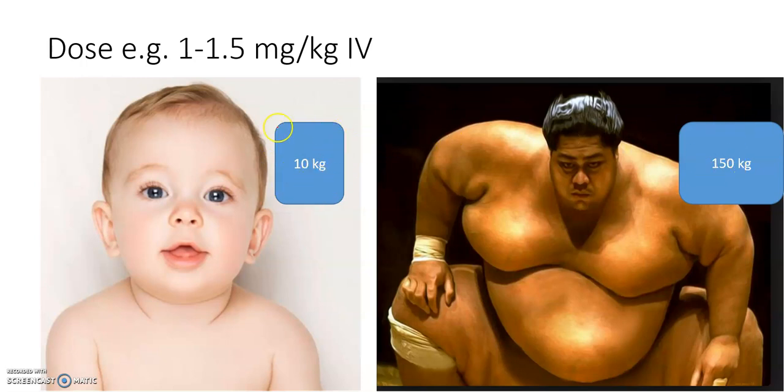So that's just to stimulate your minds. So try to think about how much you need to give if the patient is 150 kilograms. Of course, maybe more than that, maybe 200, 250. But how much do we need to give? Succinylcholine.